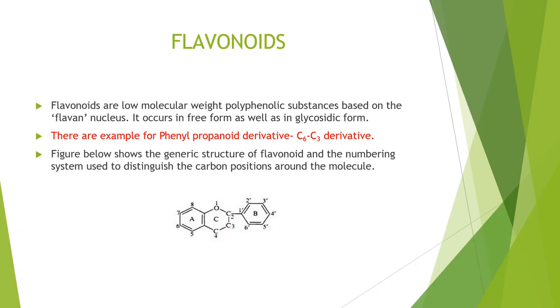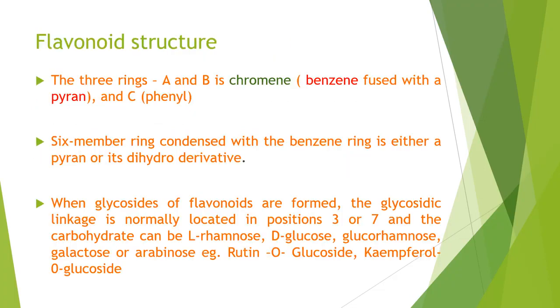So there is a glycosidic linkage, which we will also discuss in glycosides. These are phenylpropanoid derivatives, C6 and C3 derivatives, as we already discussed, and this is the generic structure of flavonoids, and a numbering system is used to distinguish the carbon positions around the rings.